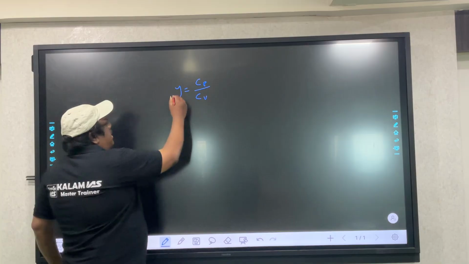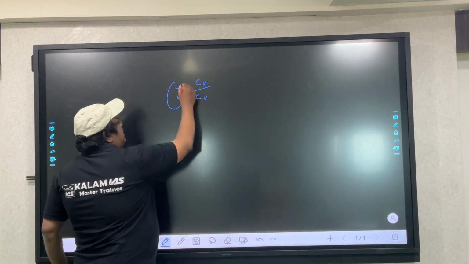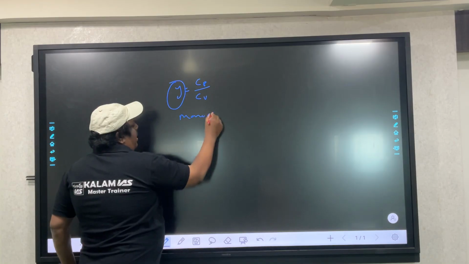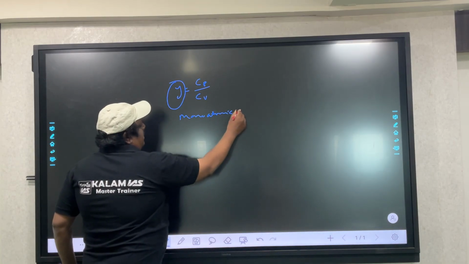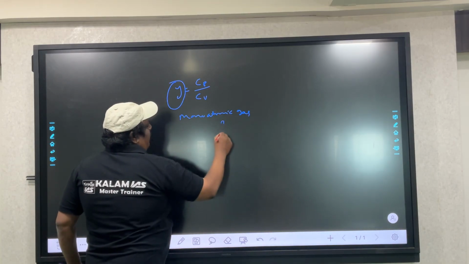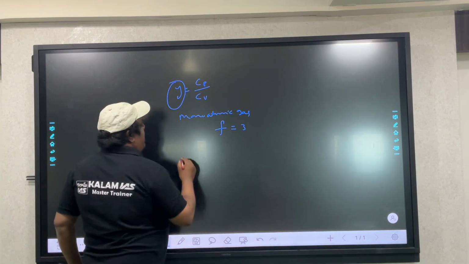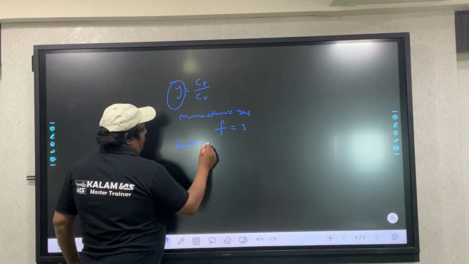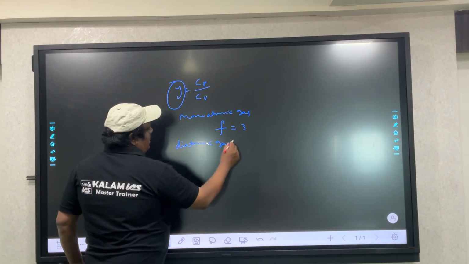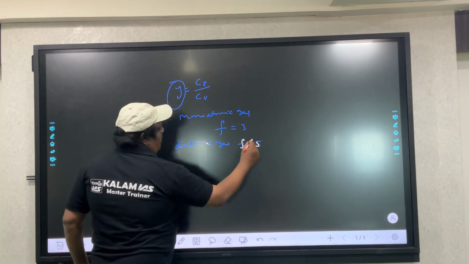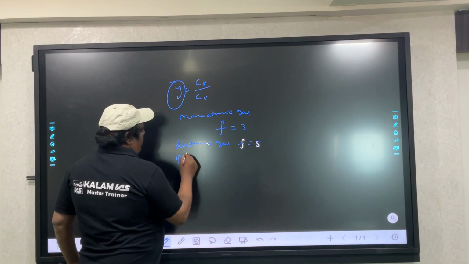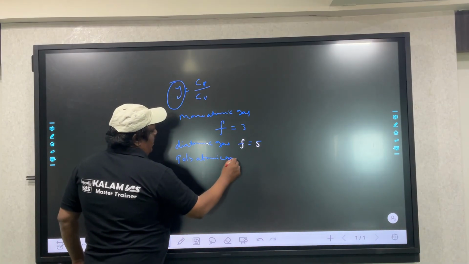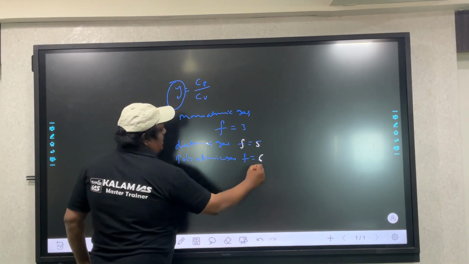There are 3 types of gases according to our syllabus. The first one is monoatomic gas, degrees of freedom 3. Next, diatomic gas, degrees of freedom 5. Next, polyatomic or triatomic gas has degrees of freedom 6.